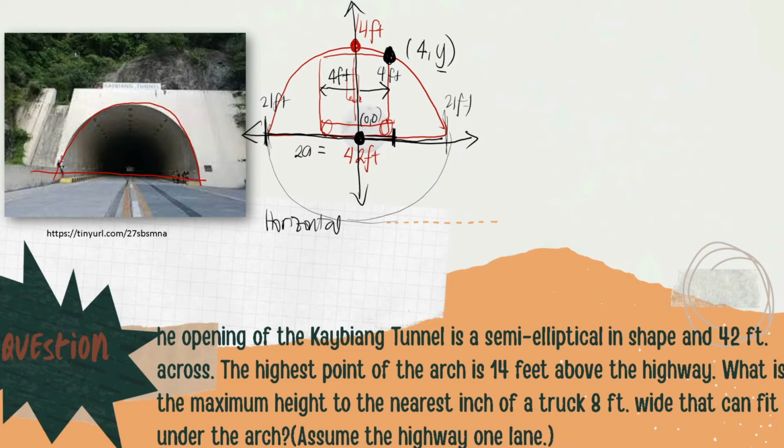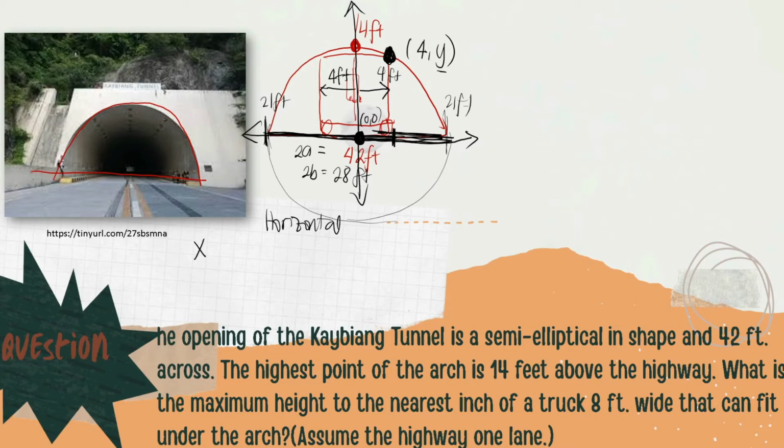And our 2b here is 14 plus 14, so 28. 28 is shorter compared to 42. Therefore our major axis is horizontal. Since it is longer, our ellipse is horizontal.